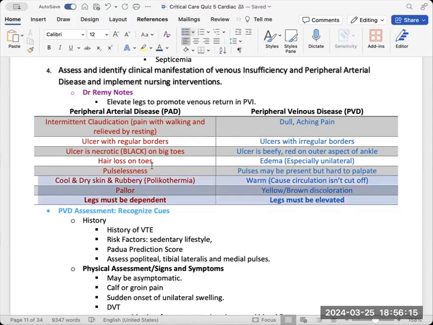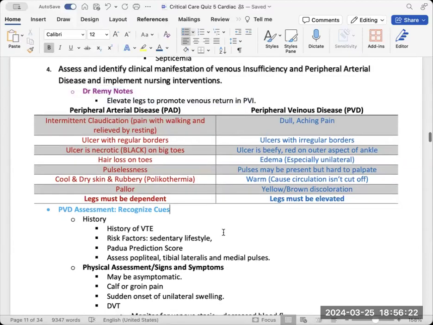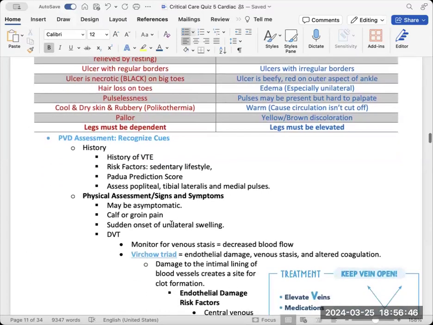I'm not going to go over the signs and symptoms of peripheral arterial disease versus peripheral venous disease, but just know that for peripheral venous, we want to elevate the legs, right? We could use embolic stockings or those things that compress, like for DVT, because it'll help promote venous return. Whereas someone who has PAD needs to have legs in a dependent position and no tight constrictive clothing, because that's going to cause vasoconstriction.